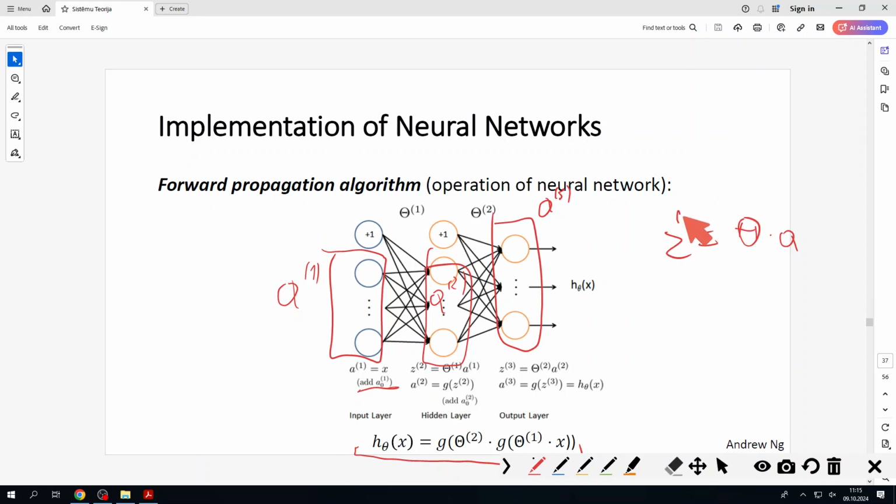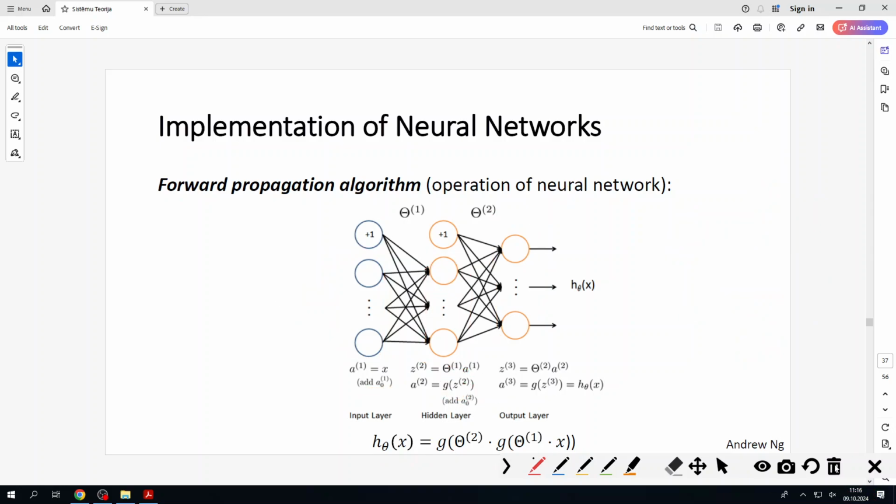So Z second is going to be calculated as theta of the first layer and A of the first layer with a bias, yes? And then you calculate A second as the sigmoid of Z second. Yes, so it says here, actually, yes.